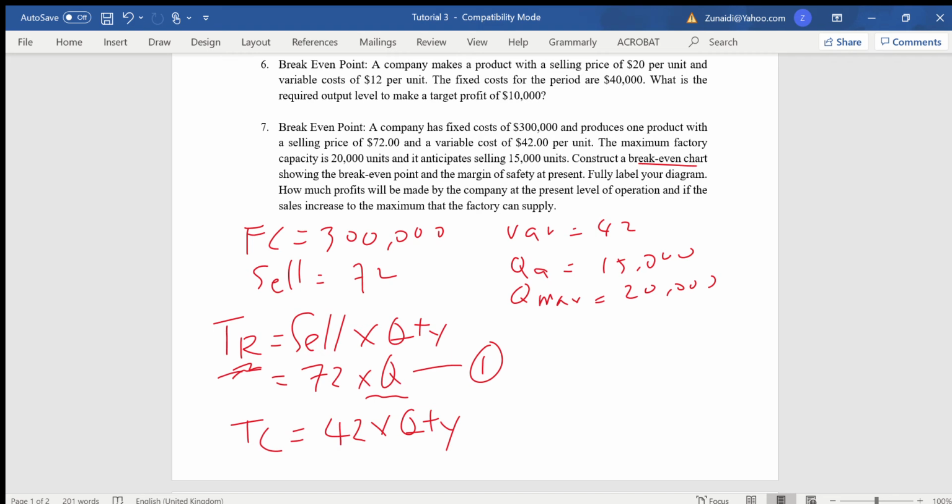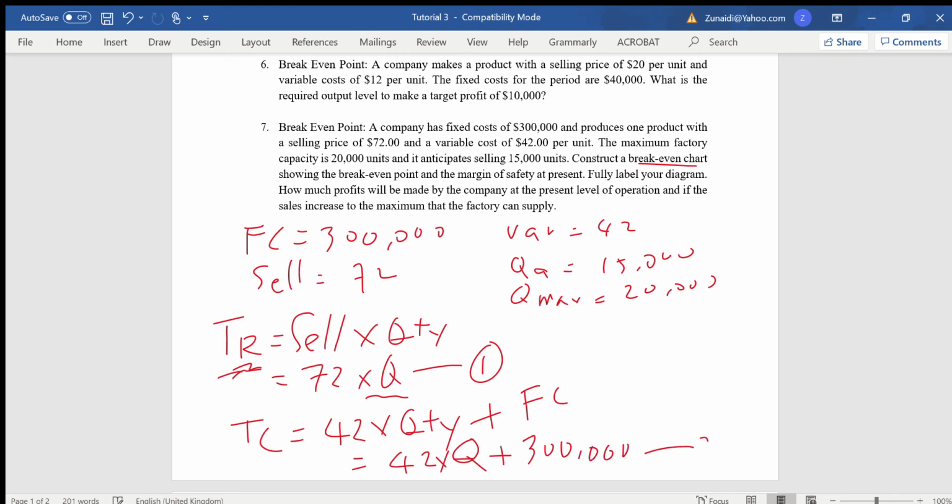So variable cost, plus we need to add the fixed cost. So TC equals 42 multiplied by Q plus the fixed cost of 300,000.